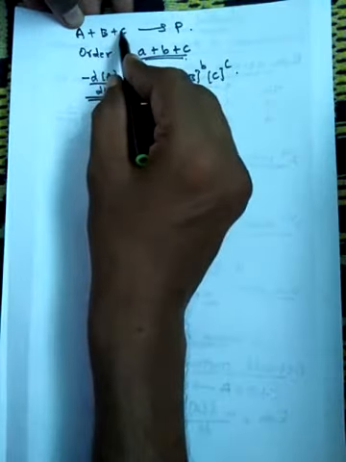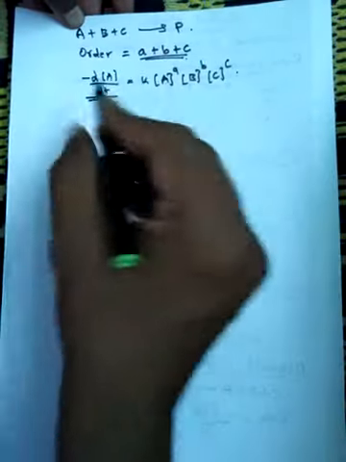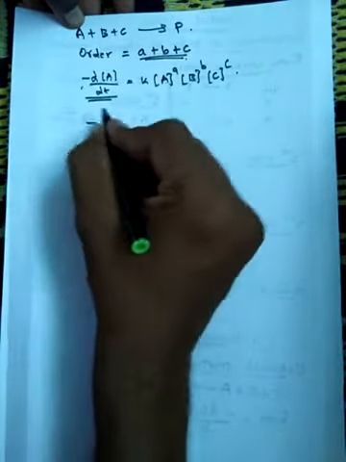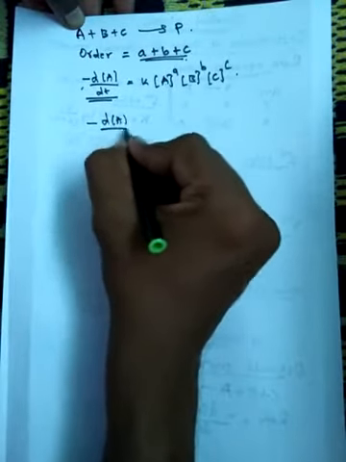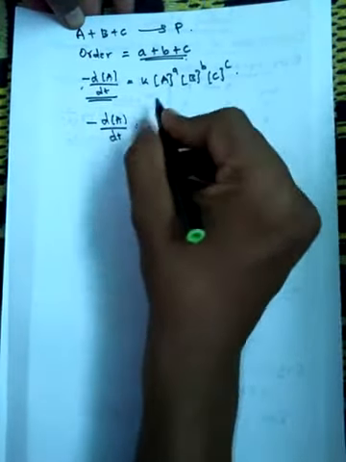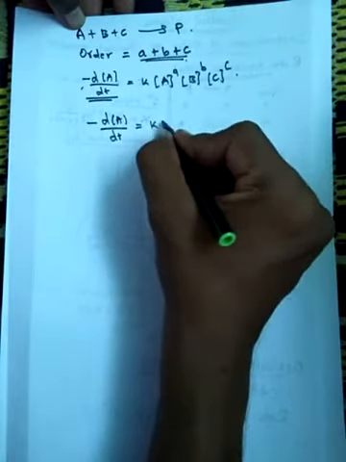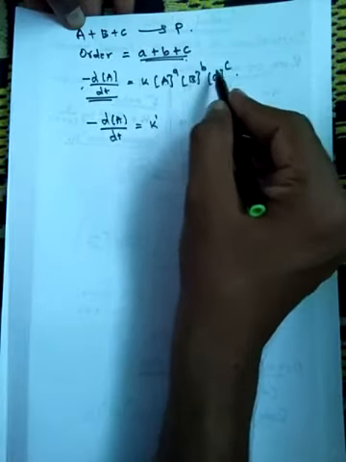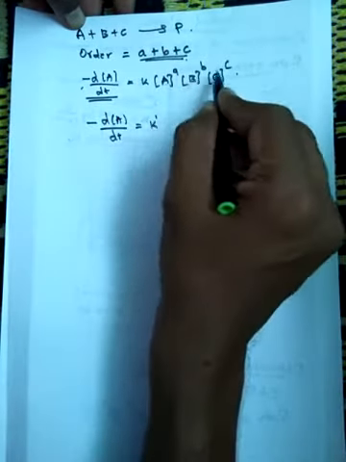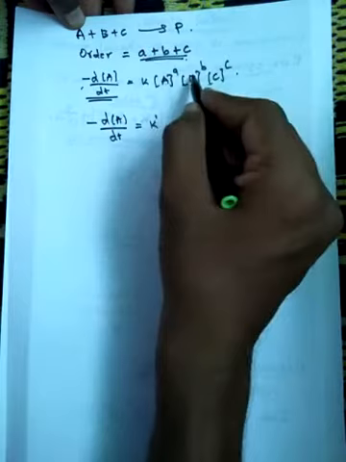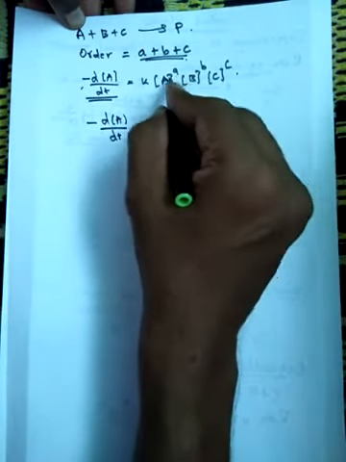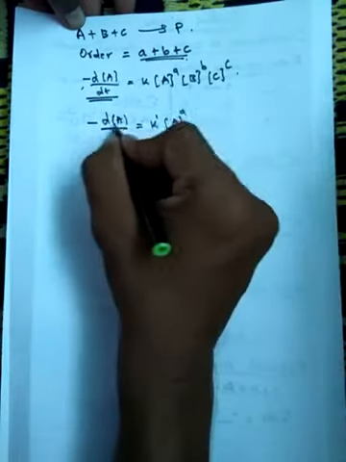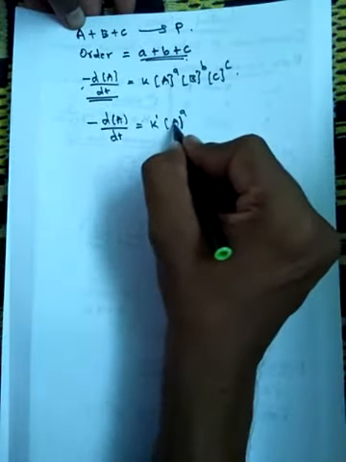So the rate will depend only on A. Therefore this rate equation will become, because the rate does not depend on B and C, these two terms I'm going to remove from this equation, so the rate of this reaction now only depends on the concentration of A.